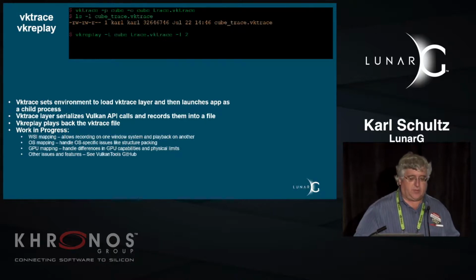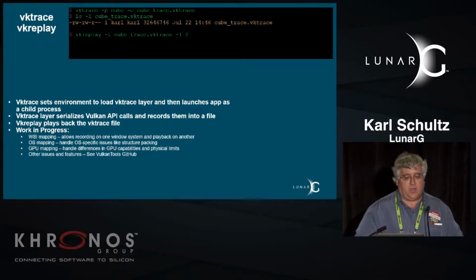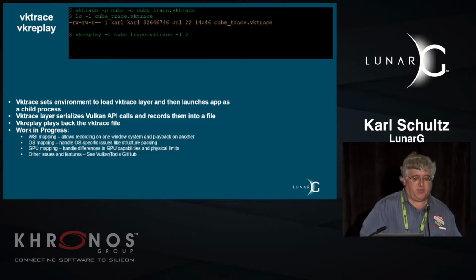OS mapping, which handles things like Big Endian, Little Endian, and GPU mapping, which is a much more complex problem because a lot of times you could collect a trace on a very capable machine, say something with a lot of memory, and then if you try to play it back on a smaller machine with less memory, you'd get a failure. So we probably can't play magic tricks with the memory size, but there are certain other things in Vulkan that are different between drivers that we'll try to work on.